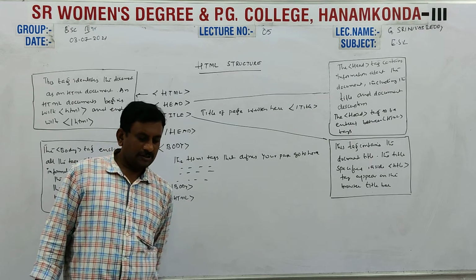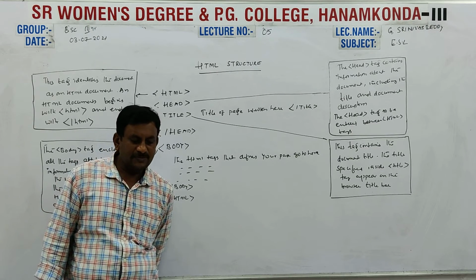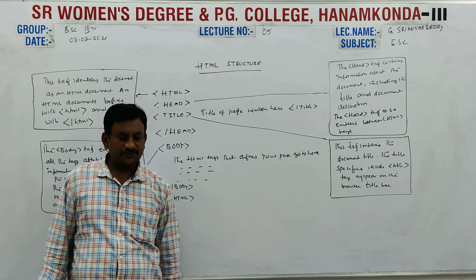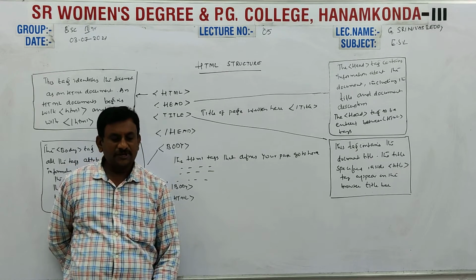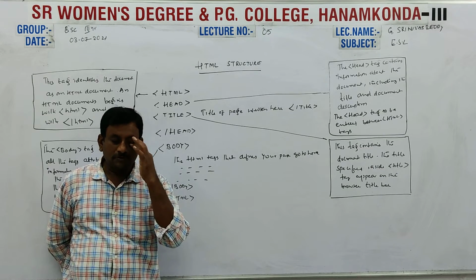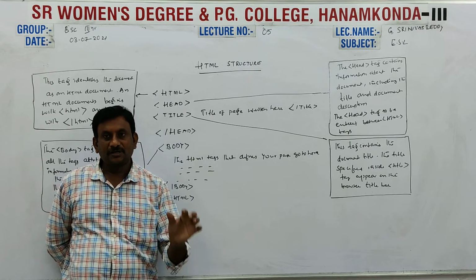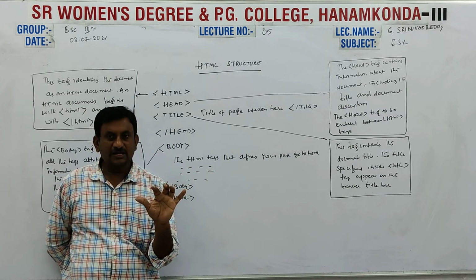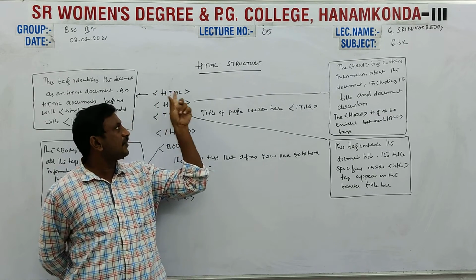Next, these programs are made up of HTML tags. Each line of an HTML program is called a tag. Tag means in between a less than symbol and a greater than symbol.